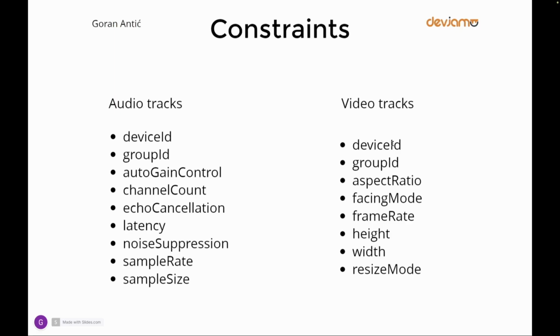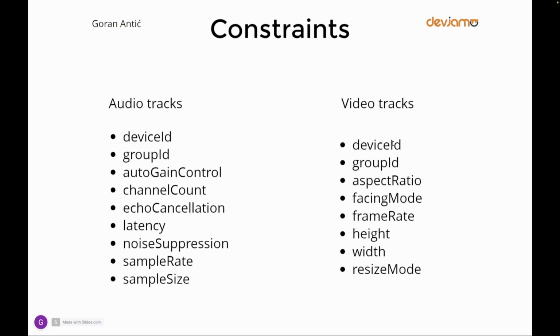So I can specify the device ID if I know the user has a set of cameras. If I know the device ID of a specific camera, I can use that. Facing mode is useful when you want to direct it to use the selfie camera or the back camera. Immediately you narrow down the number of cameras there.